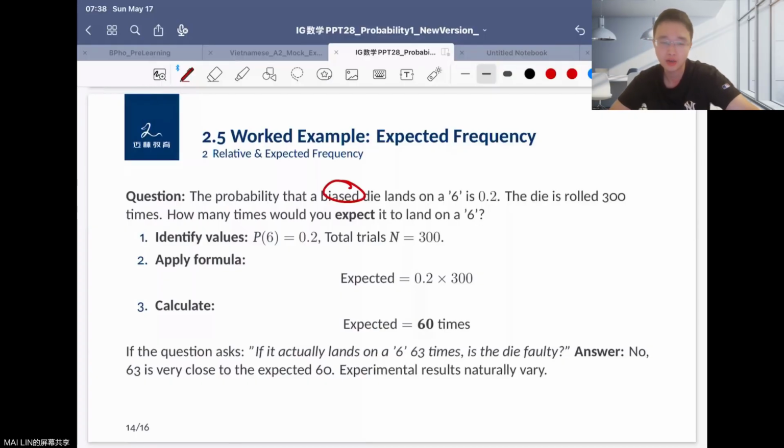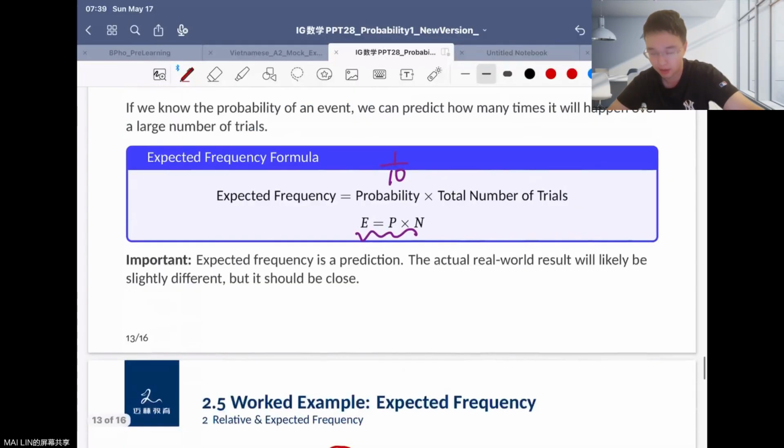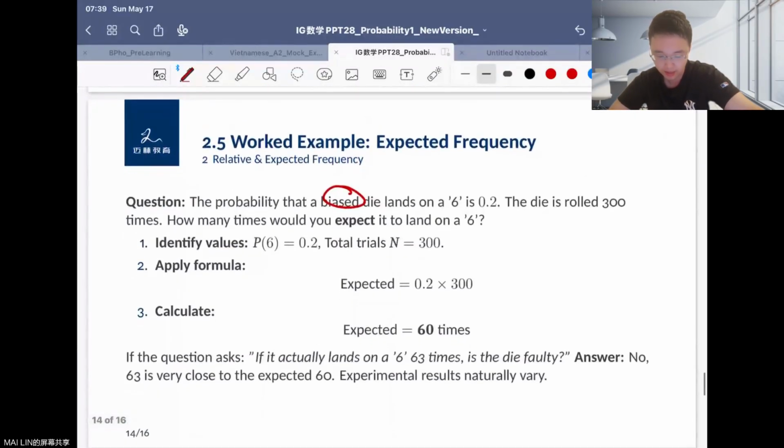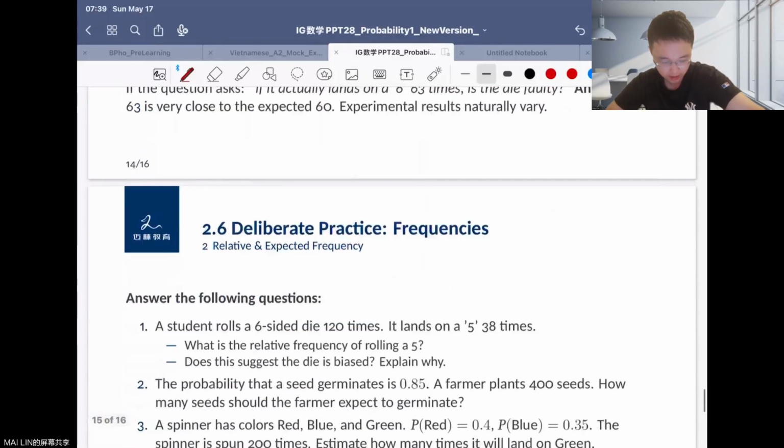Using the formula E equals P times N, E is the expectation, the probability times the number of trials. The number of trials is 300 and the probability is 0.2. So 0.2 times 300 equals 60. So we expect 60 times. That is the expected frequency.